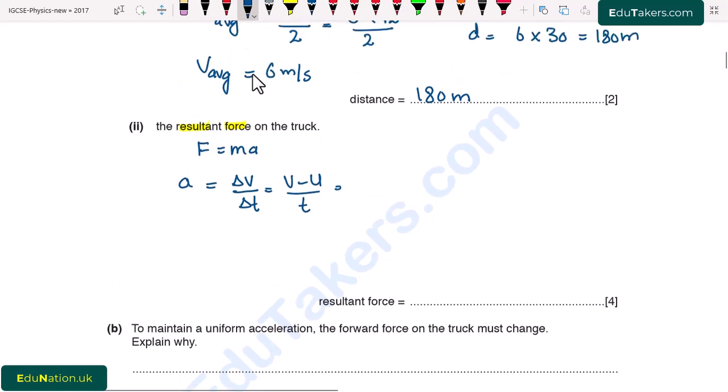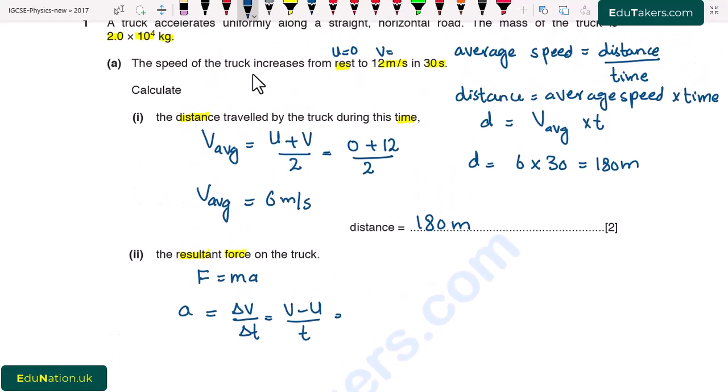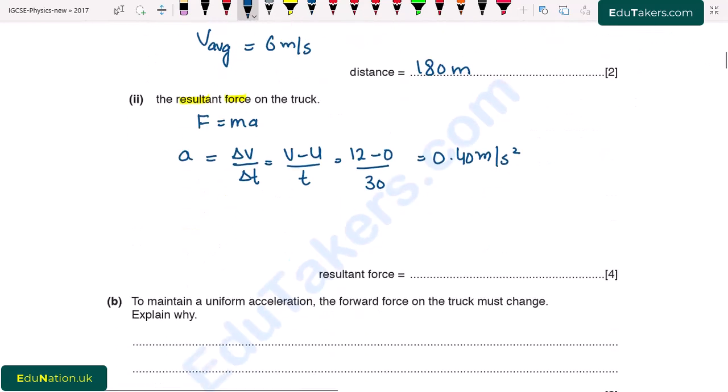So by putting values here, I get 12 minus 0 divided by the time, which is 30 seconds. So it's the value of acceleration and it comes to be 0.4 meters per second squared. The unit of acceleration is meters per second squared.